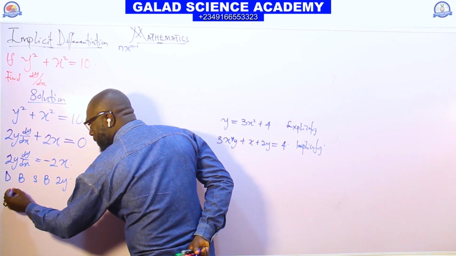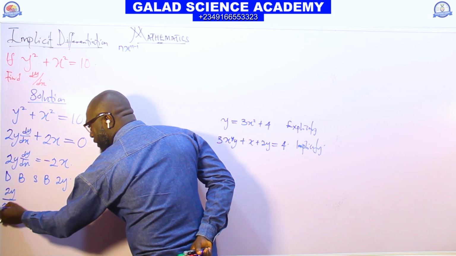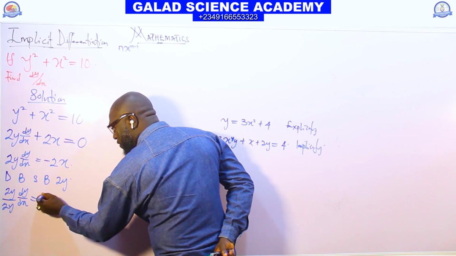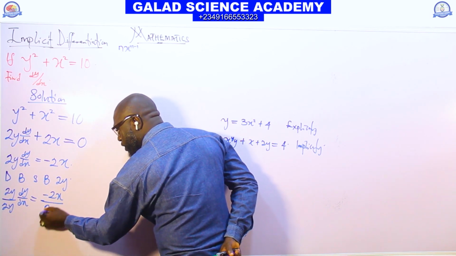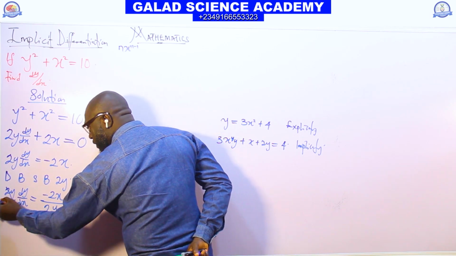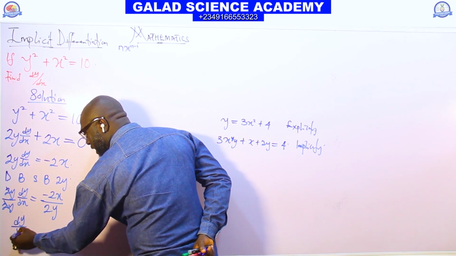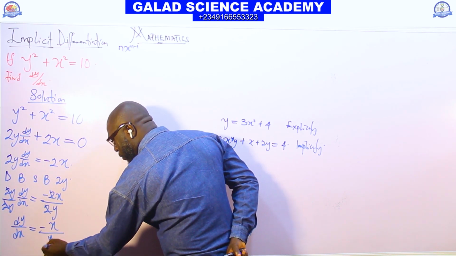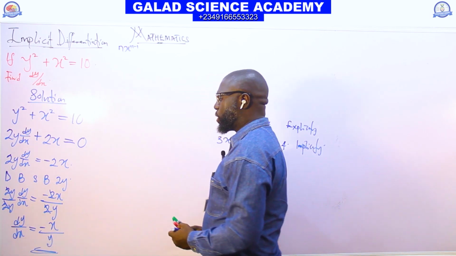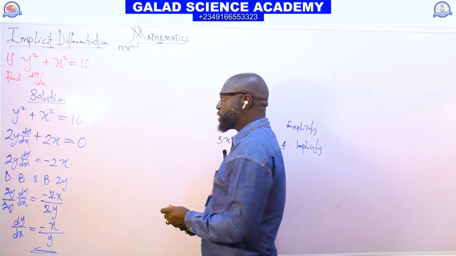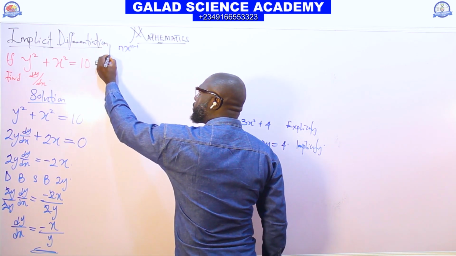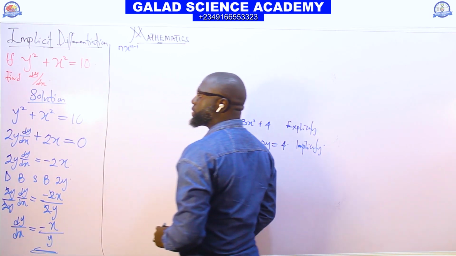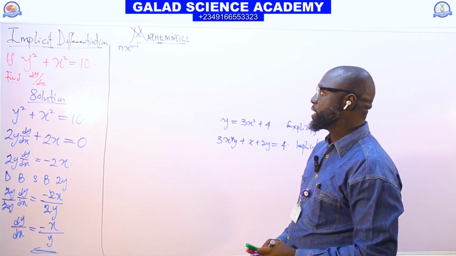You now have 2y over 2y dy/dx equals minus 2x over 2y. This will cancel this. You now have dy/dx equals minus x over y. That is the derivative of x squared plus y squared.